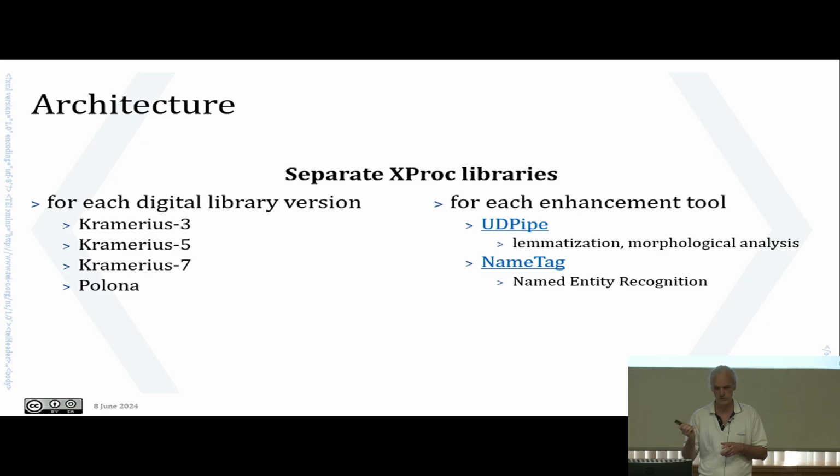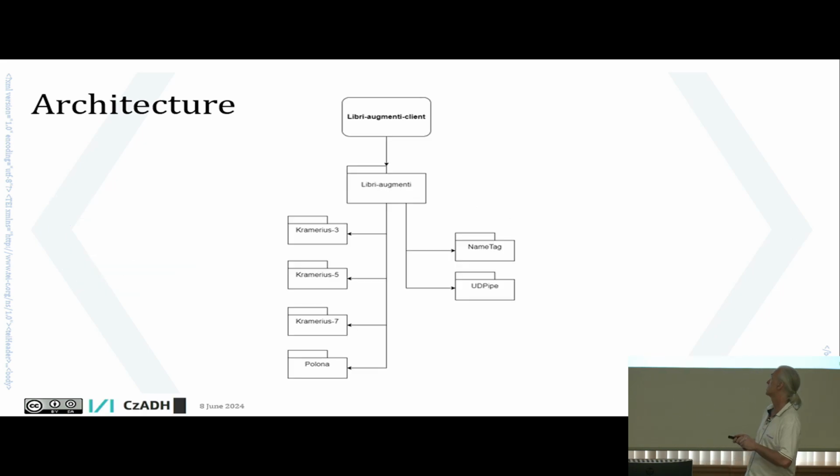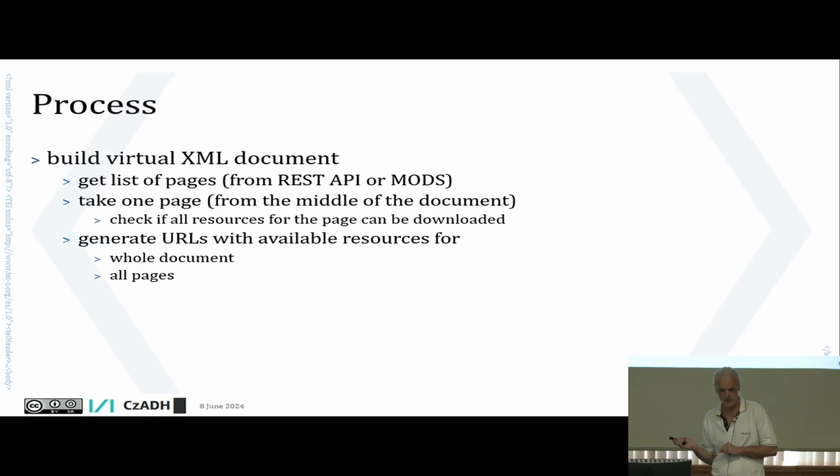These tools are developed by Lindat/Clariah and are available online. So this is an overview of libraries and how they are connected, and this is how the process looks like.